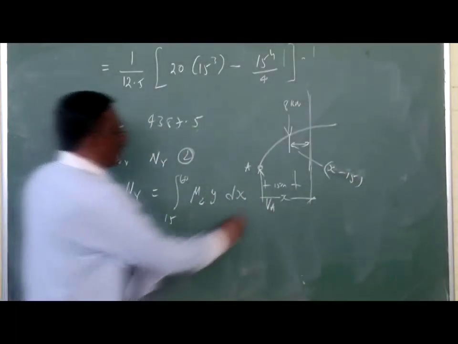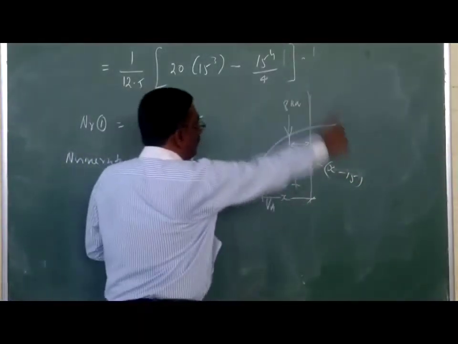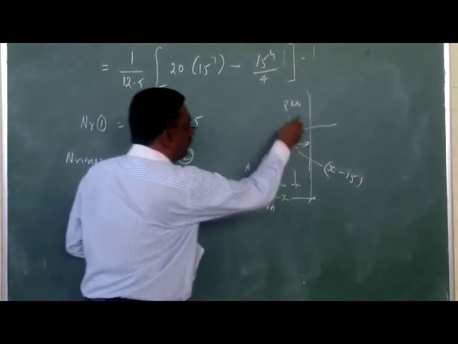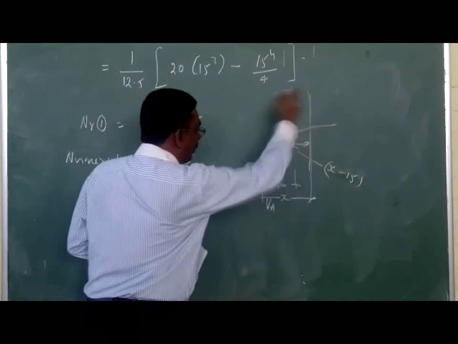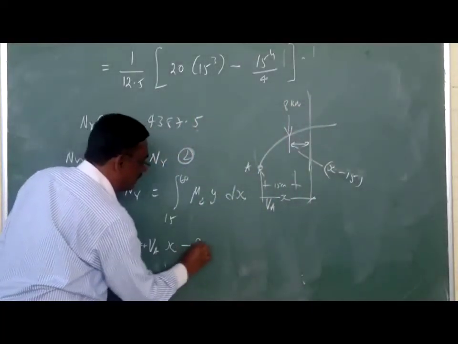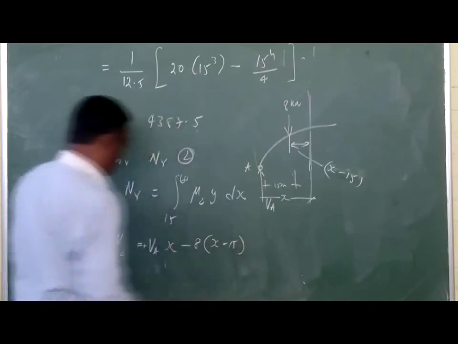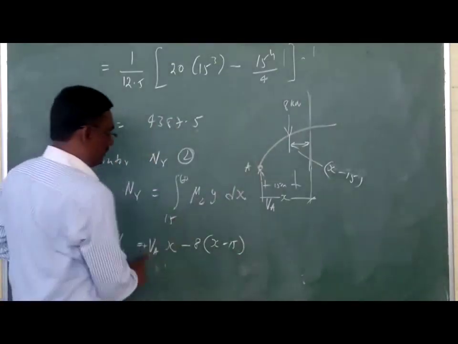About this point, VA makes a clockwise rotation, so this is positive, and the second force, 8, makes an anti-clockwise rotation, so this is negative, 8 into x minus 15. This is the value of the moment about the section.